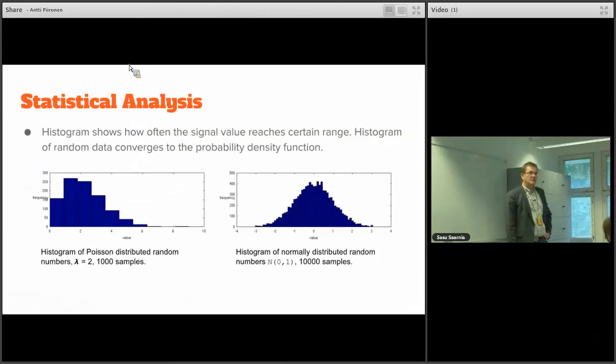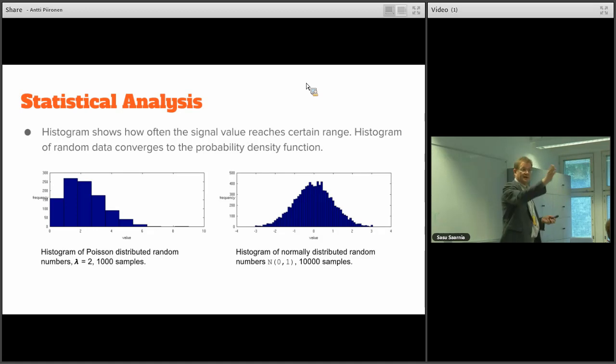And statistical analysis is one kind of thing that you can do easily with your signal to see what kind of distribution it actually follows. The left-hand side has only 1,000 samples, so it looks like that.